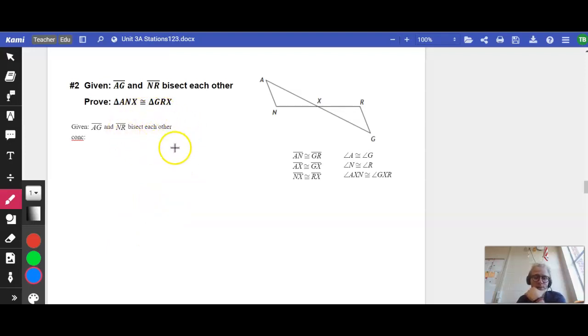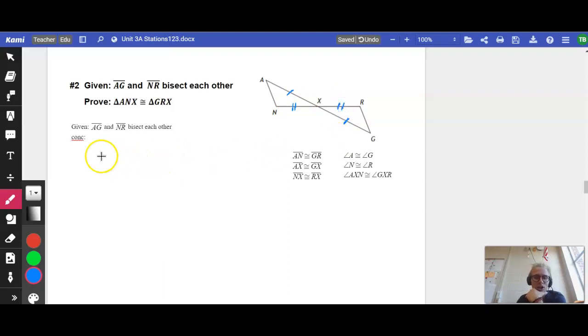Bisect each other. So on your website, you should go to where it says segments bisecting each other. Once you do that, you'll see that we get two sets of congruent segments because AG and NR are cutting each other in half. That means that we get AX congruent to GX and NX congruent to RX.